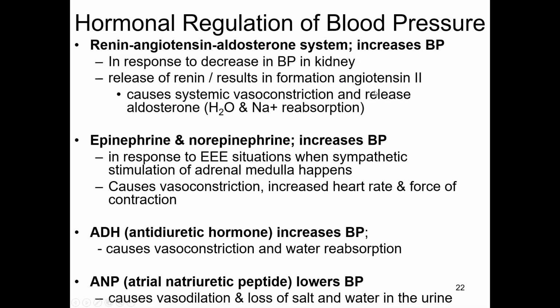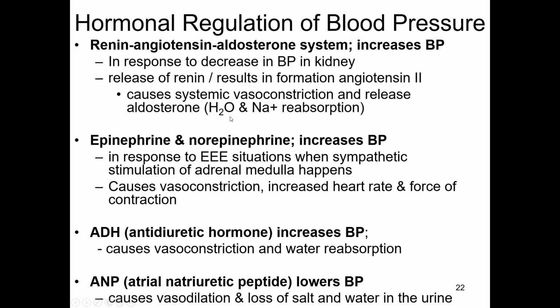Angiotensin will also go to the adrenal cortex and stimulates the creation of aldosterone. So the aldosterone is now going to go to the kidneys, and in the kidneys, aldosterone causes sodium reabsorption, and the sodium reabsorption will be followed by water reabsorption.